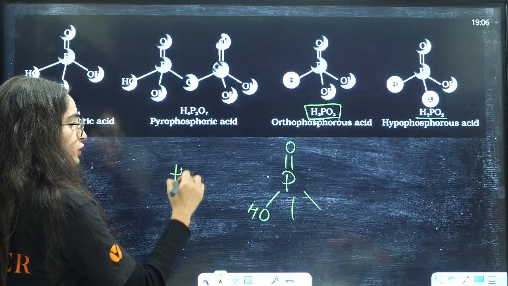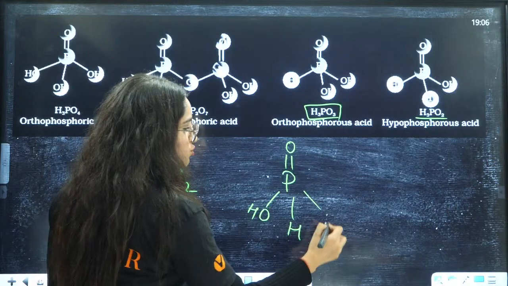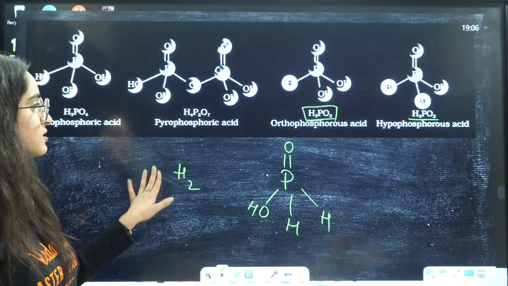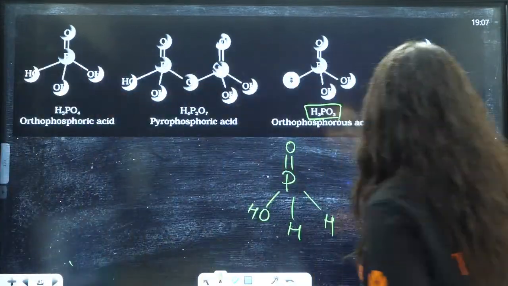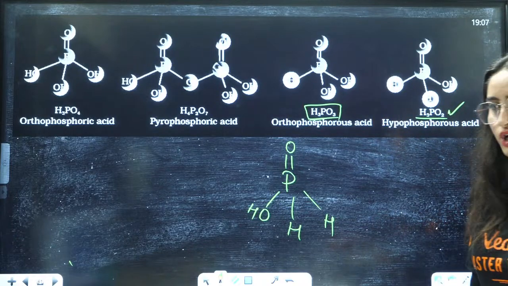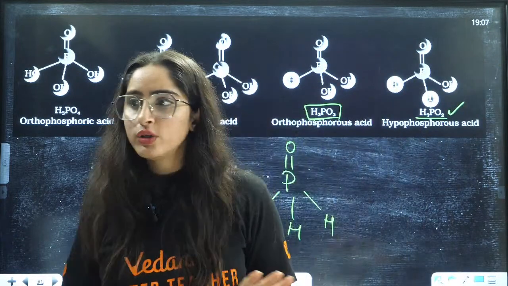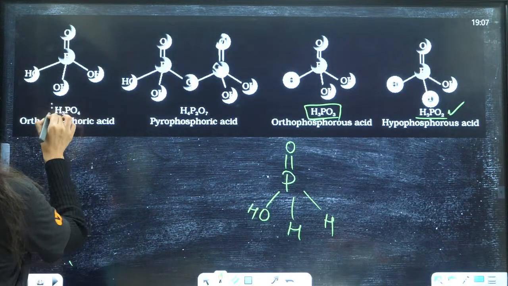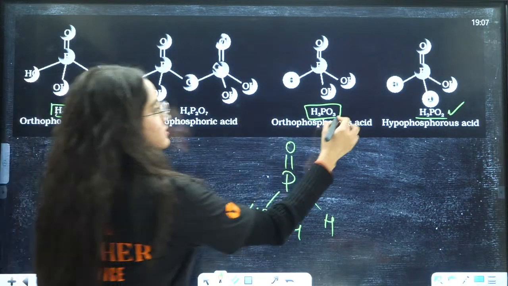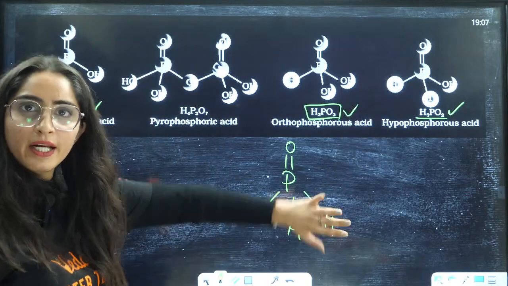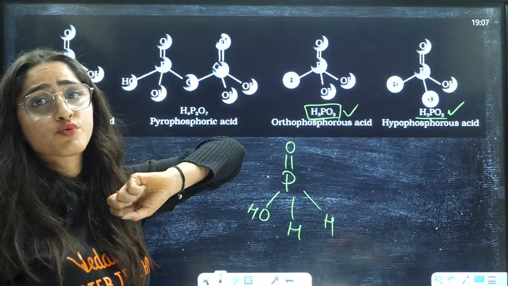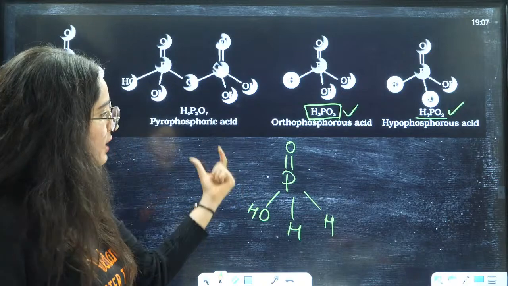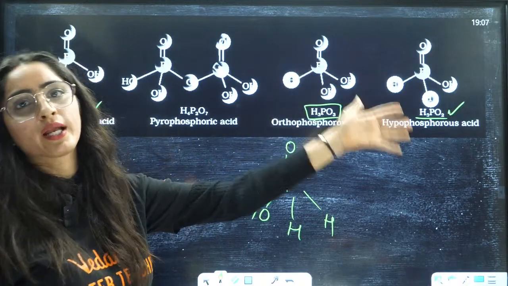Now you are left with 2 hydrogens, so 2 hydrogens will be on phosphorus. That is the structure of H3PO2. You don't need to cram these 3, we can easily draw them: P double bond O, then 3 more bonds, because phosphorus can form 5 bonds. For the rest, just see what we are left with.